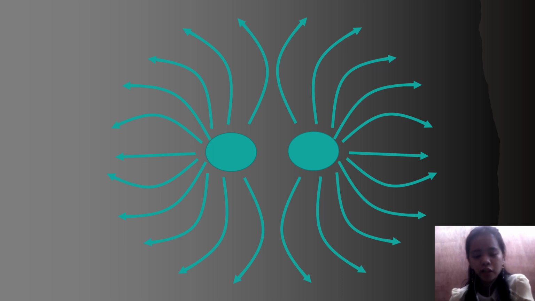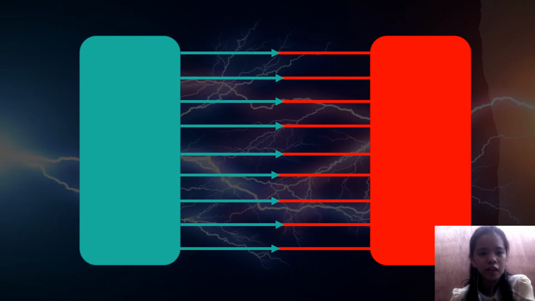So this is the electric field of similar charges. There are two protons, and as you can see, they are repelling each other. So this is an oppositely charged plate, and the proton is being attracted to the electron.